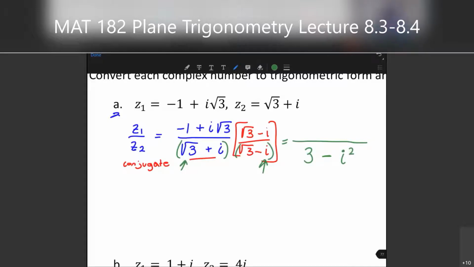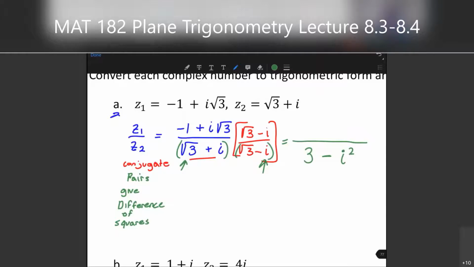Conjugate pairs give difference of squares. That's a little motto or catchphrase. All right. So there's our denominator. We just want to square both items and subtract them from one another.